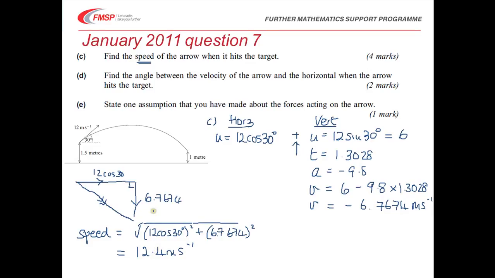We're also asked in part D to find the angle between the velocity of the arrow and the horizontal. If we call that angle alpha, so this was C, this is part D. In part D, tan of alpha is going to be equal to opposite over adjacent, so 6.7674 divided by 12 cos 30.